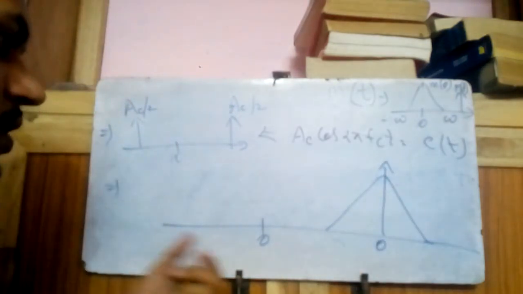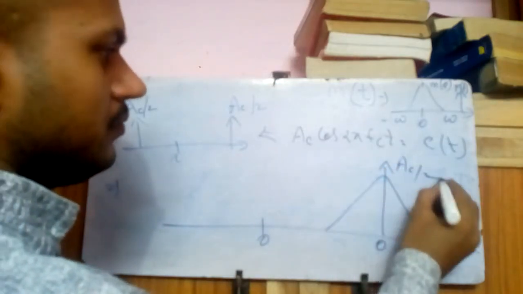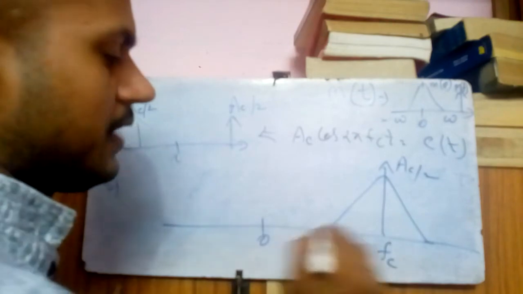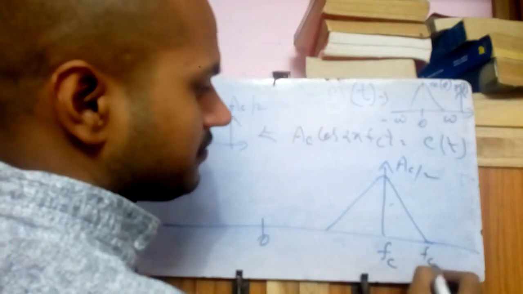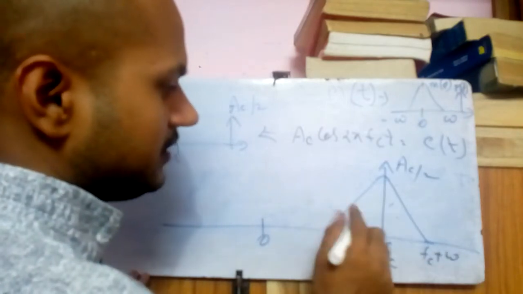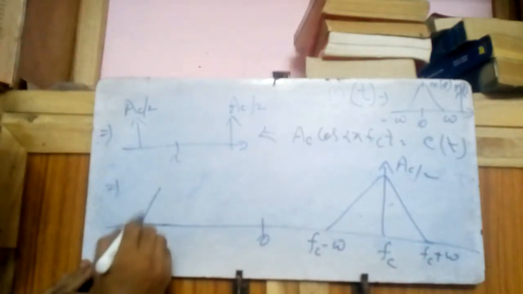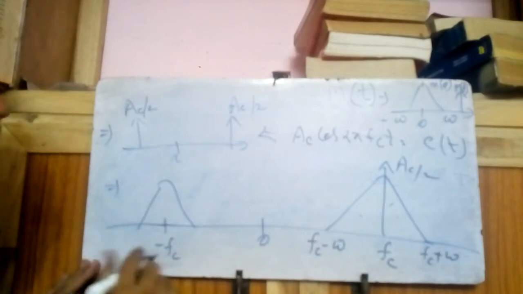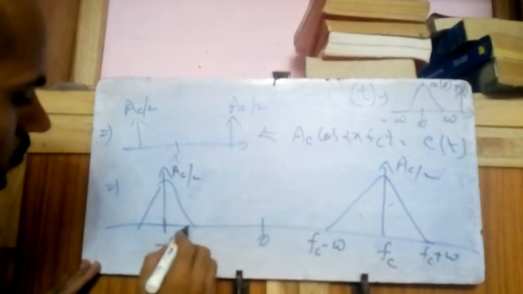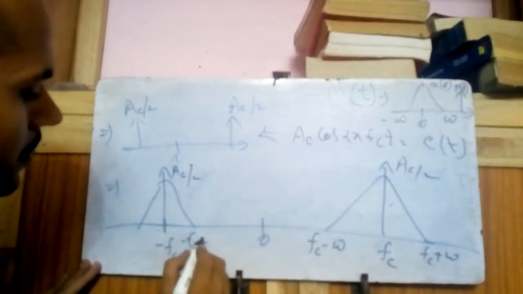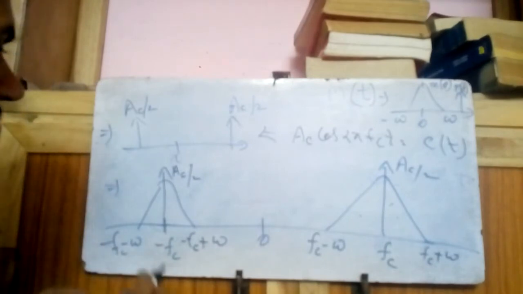So Ac cos 2πfct gives Ac/2 at fc, and the upper sideband is at fc plus omega, and the lower sideband at fc minus omega, the same as in the negative frequency: Ac/2 at minus fc plus omega and minus fc minus omega, right?